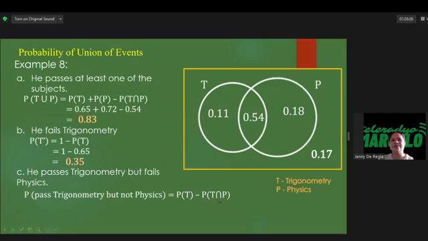So the probability of T intersection P. So our probability of T is equal to 0.65 minus 0.54 as their intersection. So the answer is equal to 0.11. Or upon looking at the given Venn diagram, you will see the answer already. So 0.11 or 11% that he passes trigonometry but fails physics.